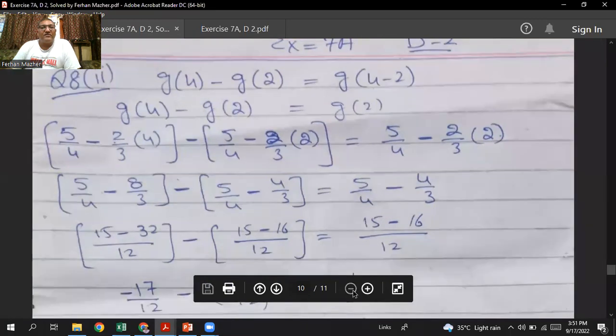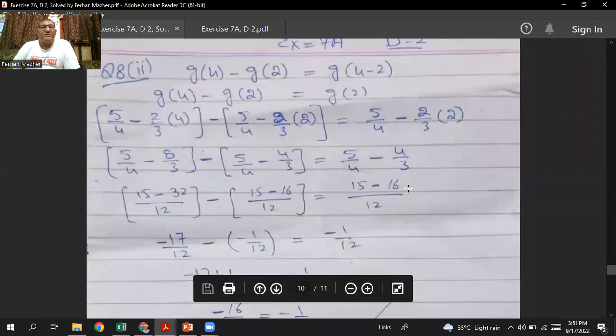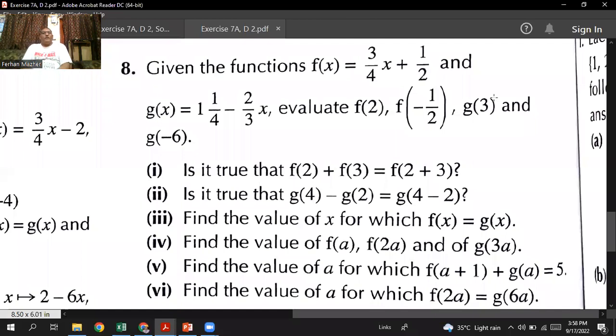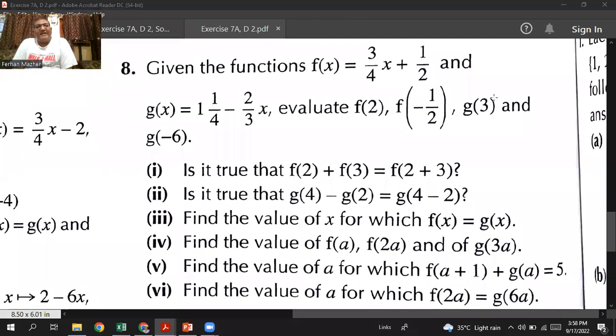Let me reduce the size so you can see the whole thing together. This is question number 8, and its second part. That statement is not true. So question number 8, third part.